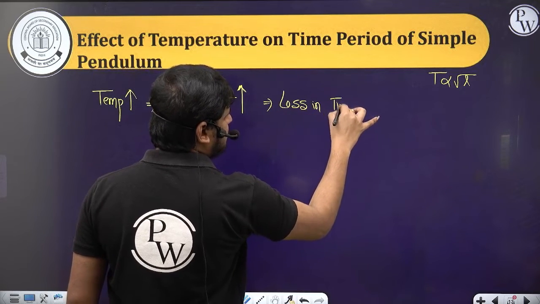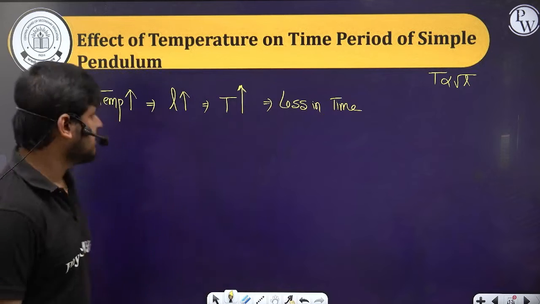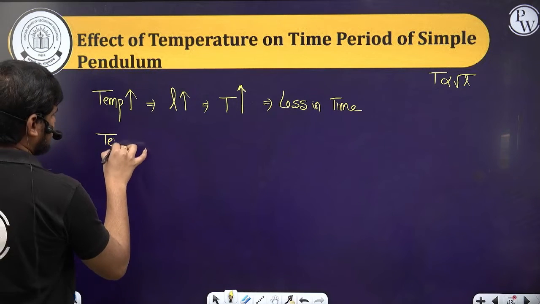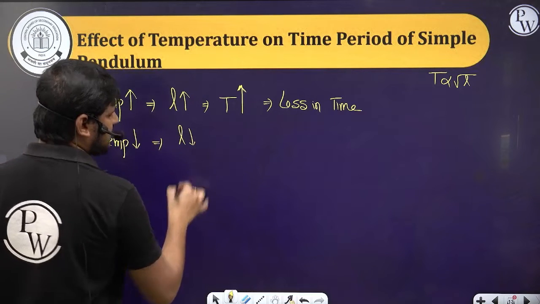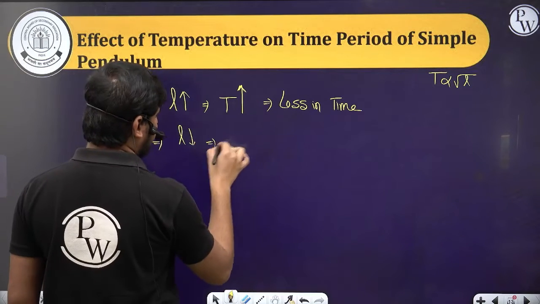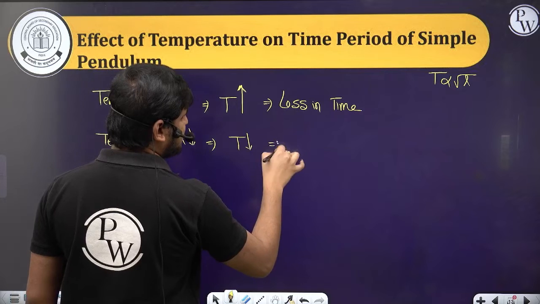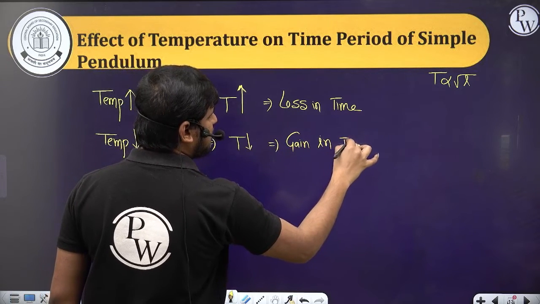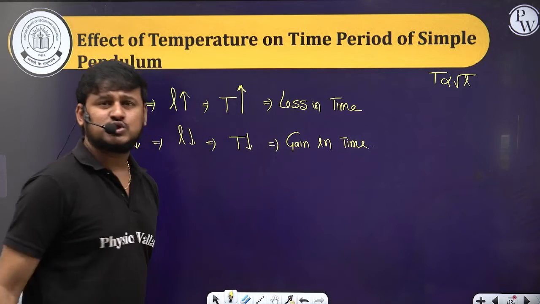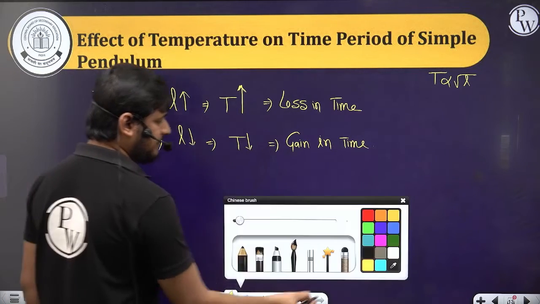Loss in time. Yes. So if the temperature decreases, then the length decreases. Then the time period decreases, which means gain in time. This is that scenario. So what's the loss or gain in time?